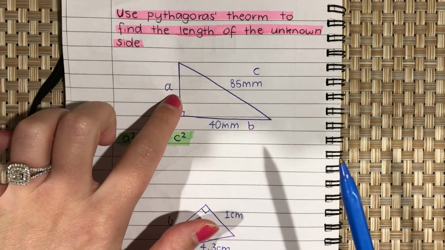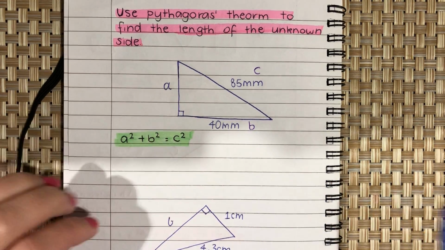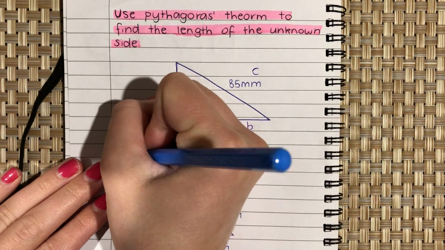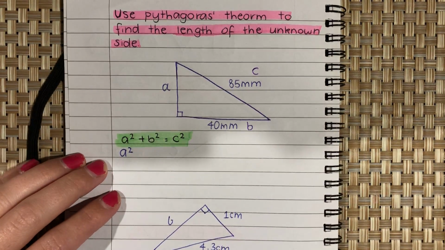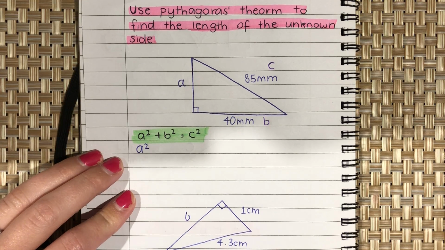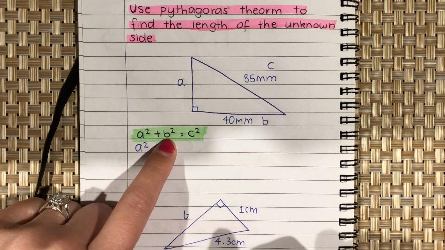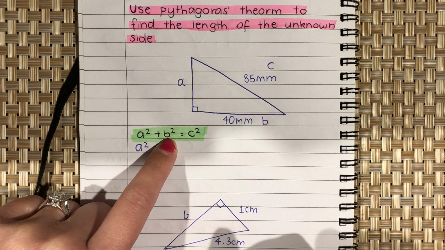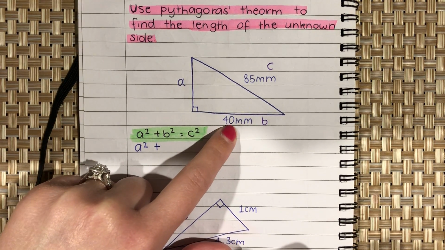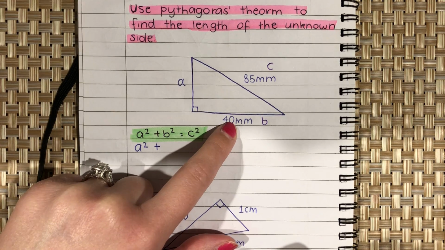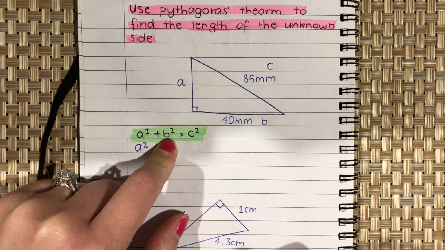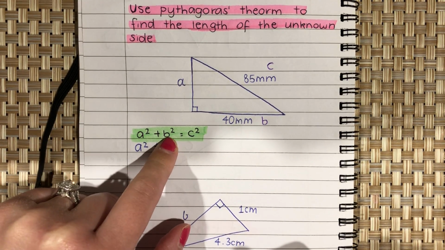We're trying to find out A. All right. So A squared stays as it is. And then plus, because that's what comes next. And then we have B squared. Now B is 40. All right. So you're going to put 40 in where B is. So this will be 40 squared.